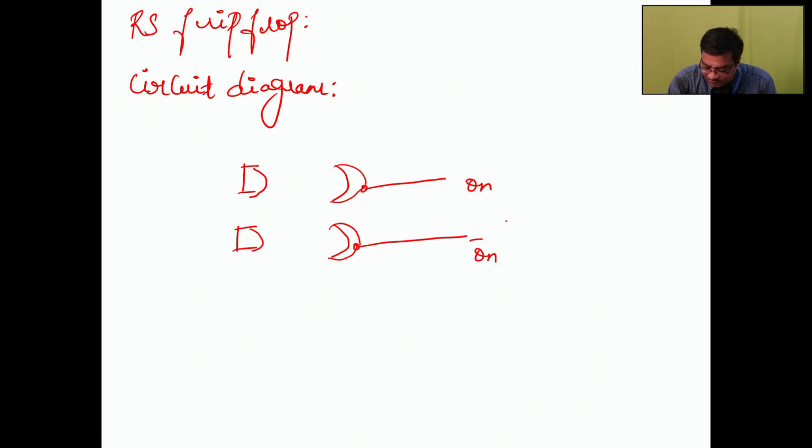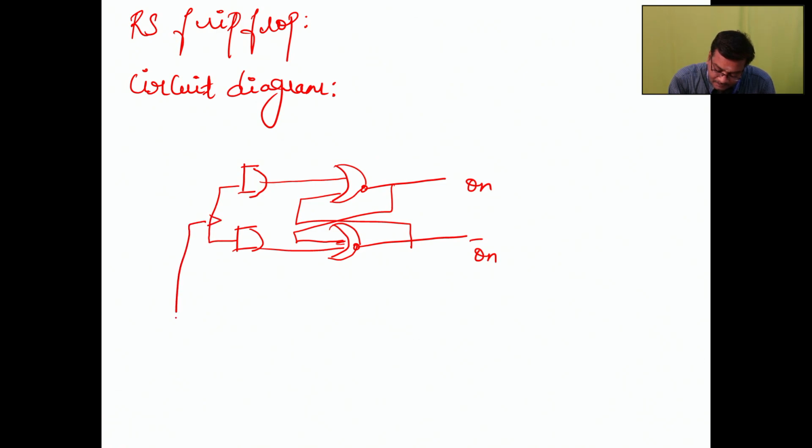Normally the flip-flop consists of 2 outputs. One is the normal output, another one is the inverted output. And clock pulse equal to 1.